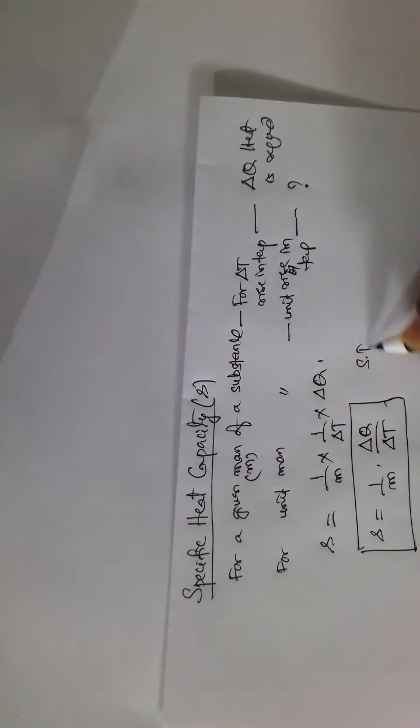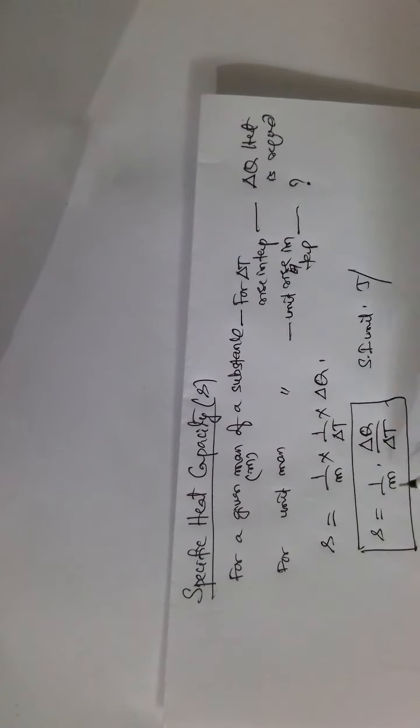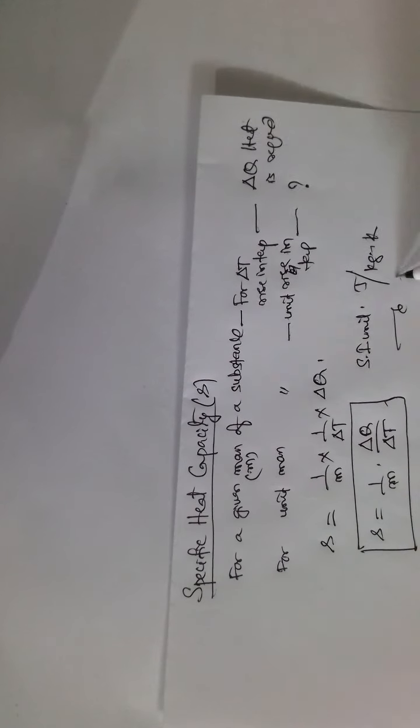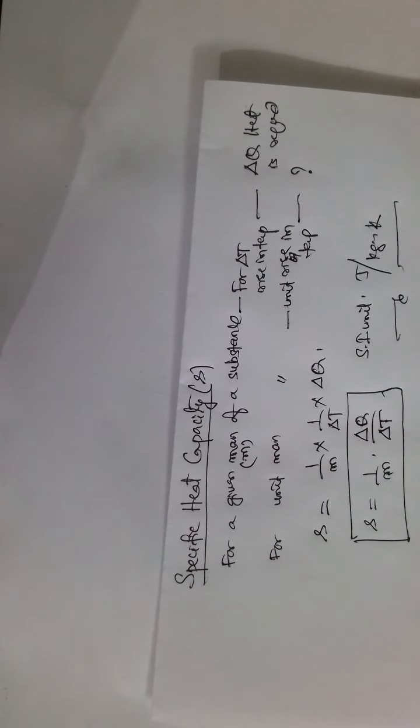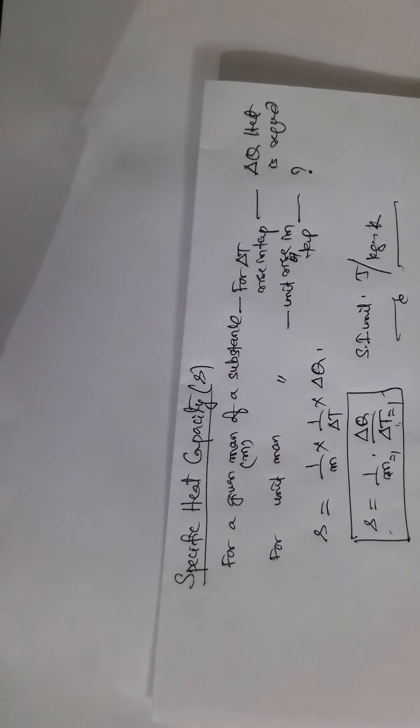Its SI unit is joule per kg Kelvin. Definition. To define specific heat capacity, make the denominator equal to 1. That is unit mass, unit rise in temperature. For unit mass and unit rise in temperature, the heat required is called its specific heat capacity.